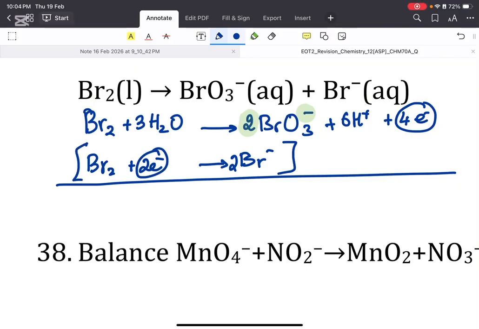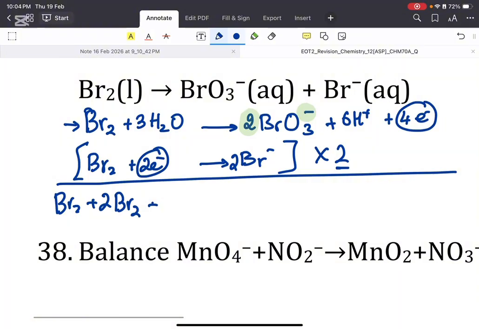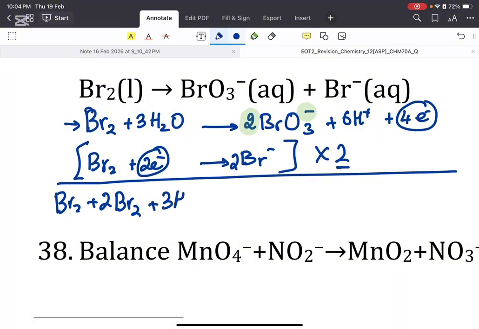So I'm only gonna multiply this side by 2, and like this I'll have 4 electrons gained, 4 lost. So Br2 from here plus 2Br2 from this side, and 3H2O and 4 electrons. So I'm done here and here.